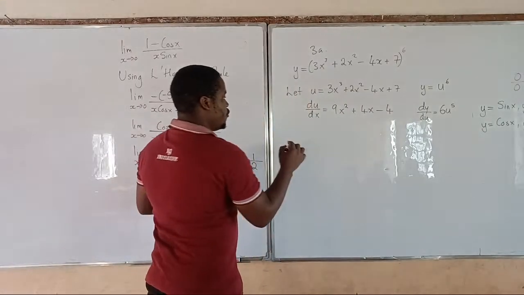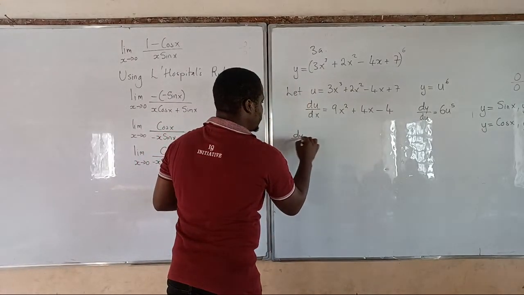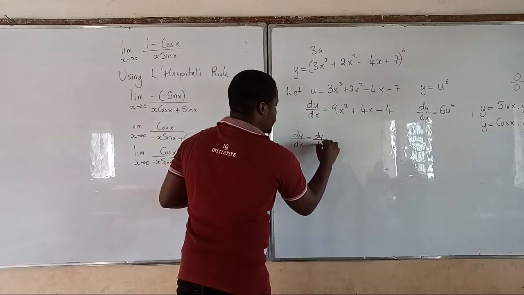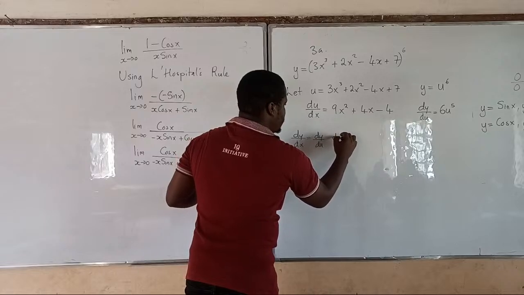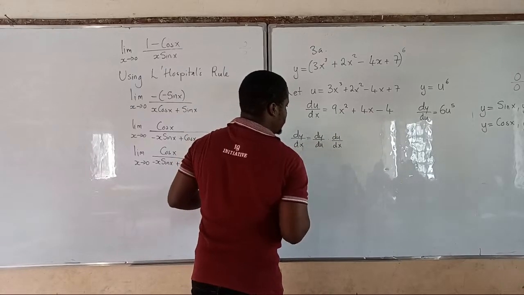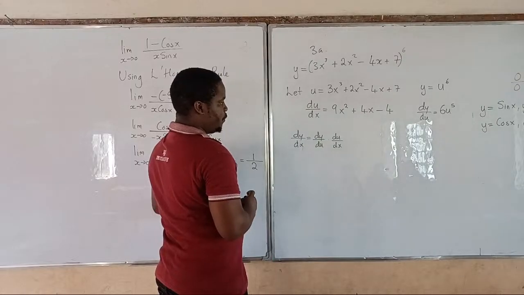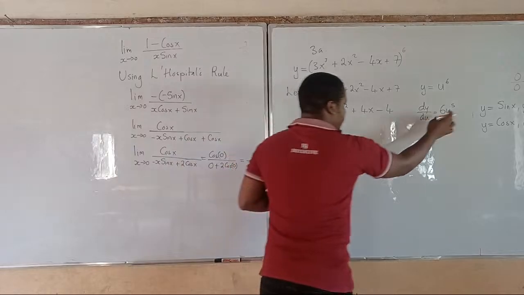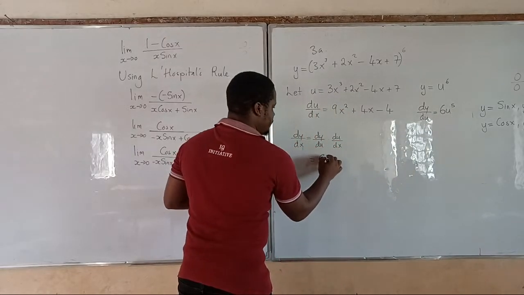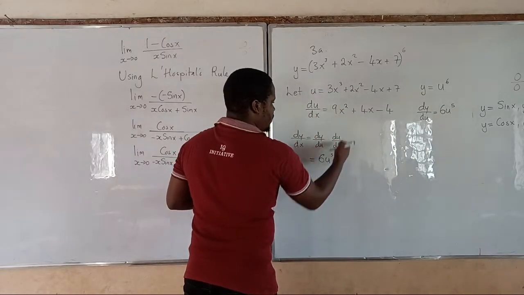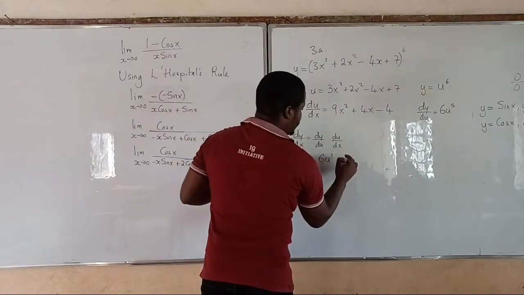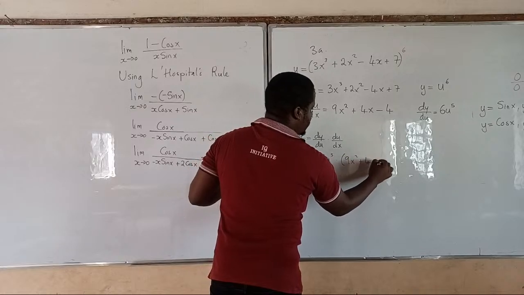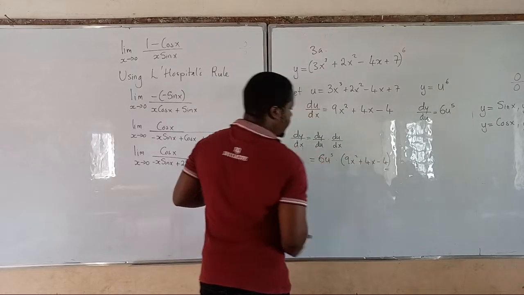So the formula for the chain rule, dy/dx, I think I gave you this formula, is equal to dy/du multiplied by du/dx. This is the formula for the chain rule. Let's do the substitutions. What is dy/du? dy/du is 6u^5. What is du/dx? This one, which is 9x^2 + 4x - 4.